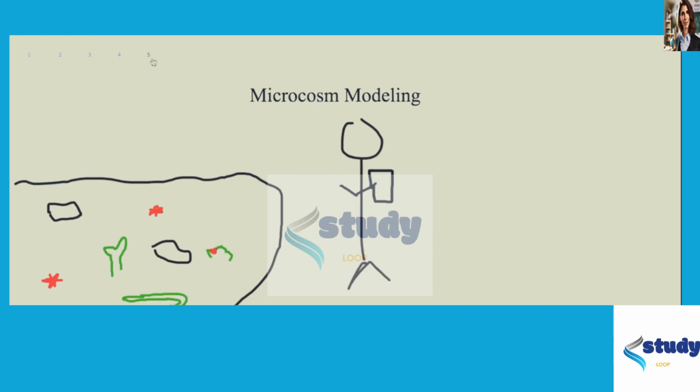And finally, we have microcosm modeling. And micro means small. So it's basically a tiny version of the thing itself that you're studying, or an ecosystem. Microcosm modeling is when an ecosystem is recreated in some fashion in a laboratory setting or somewhere artificial so that someone like the ecologist can actually study and experiment on different variables in the ecosystem.